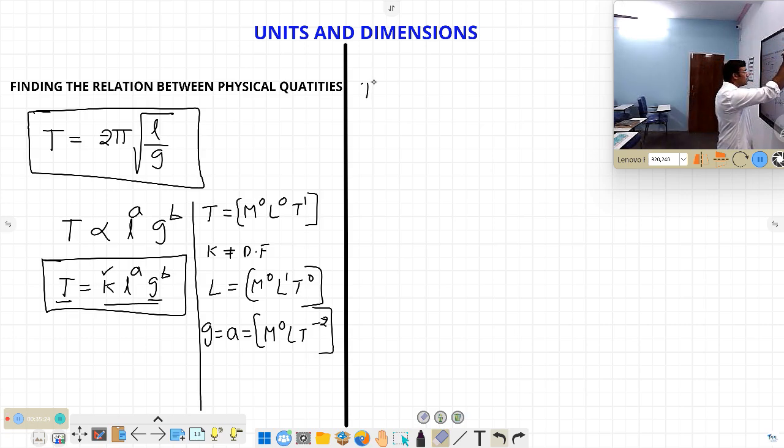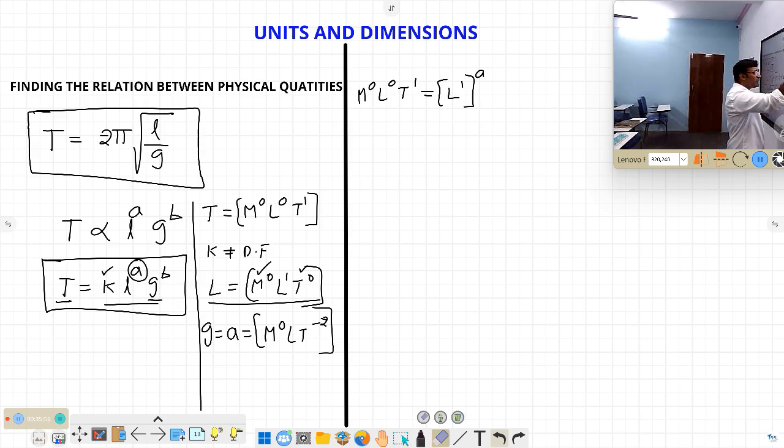Now I am going to take the dimension formula of the left side, which is time period. The time period dimension formula I am writing as m0 L0 T power 1, equal to K, which is not having any dimension, times L. The length dimension is L, but the power is raised by a, so I can write L power 1 whole power a.